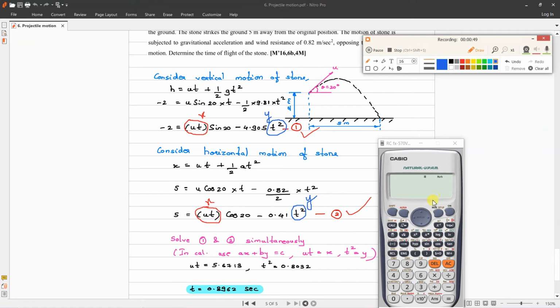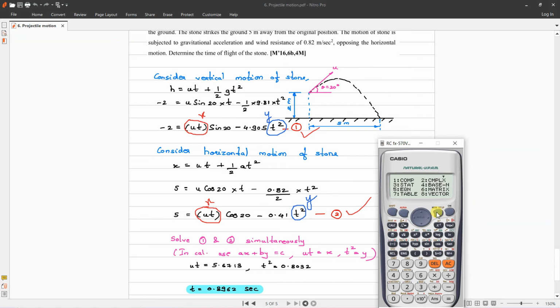So now in the calculator we will go to mode, and we have to select 5, which is equation, and we will select ax plus by equal to c.